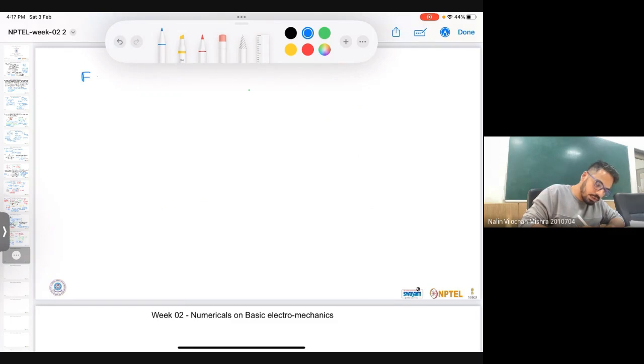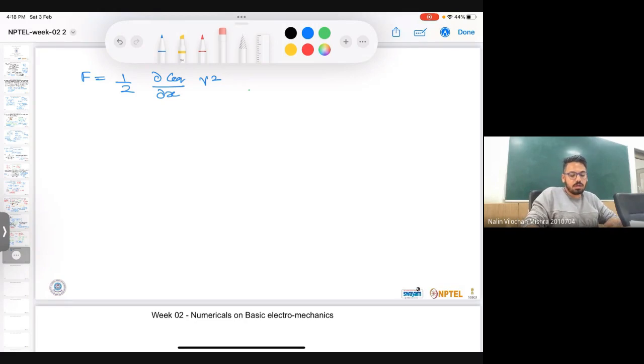The force is given as half dC equivalent by dx V square, or you can remove the mod value. If they are only asking the magnitude, then you can take the mod value, or you can calculate it like this only.